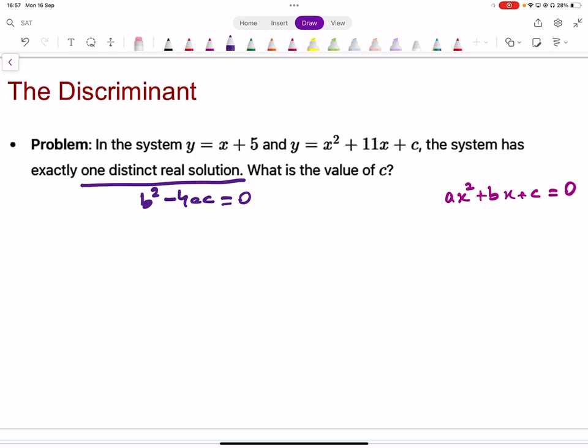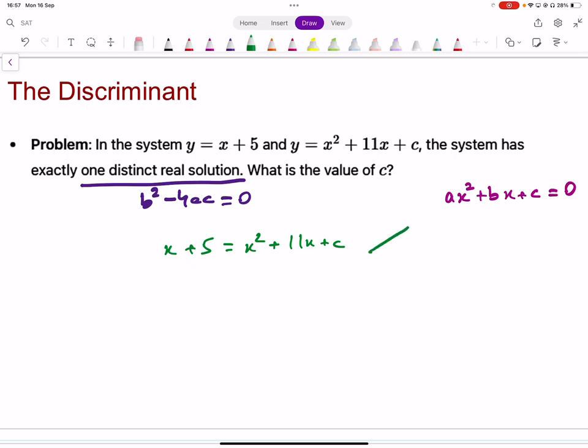Because they're saying this line and this curve, they have only one solution. That means there's only one point where they meet each other. How do you find points of intersection of any two functions? We equate them. So that's how we start the process. We start by equating them, first of all. So we say x plus 5 equals x squared plus 11x plus c. Okay.